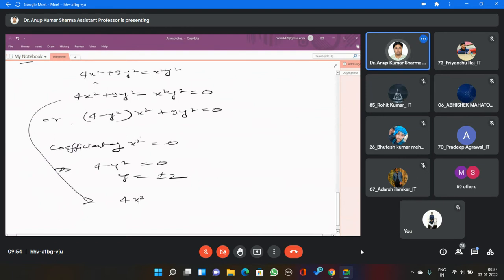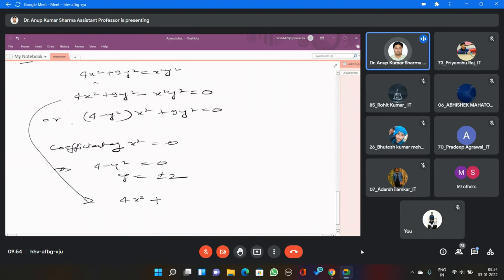So we are clubbing the terms again. These are the two asymptotes we got.